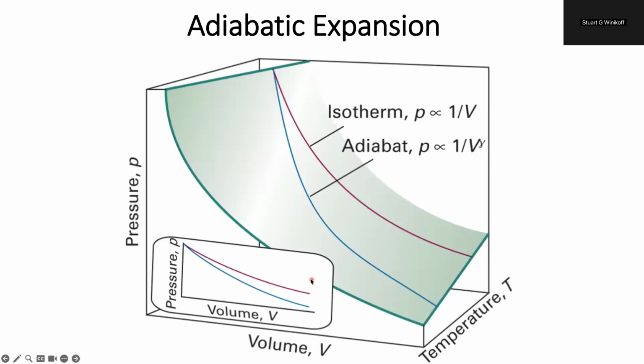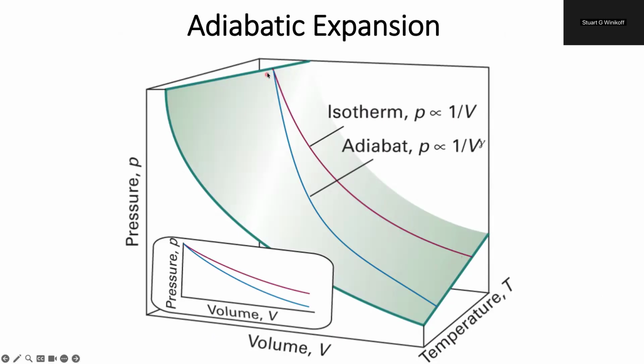Now, why the heck does this happen? The reason is if I'm looking at an isothermal case, as I compress the system, I keep that temperature constant, so any of the excess energy goes into the surroundings. And that means I prevent that pressure from building up.